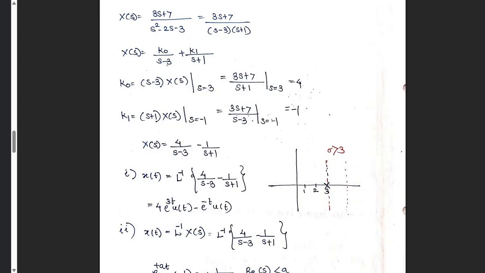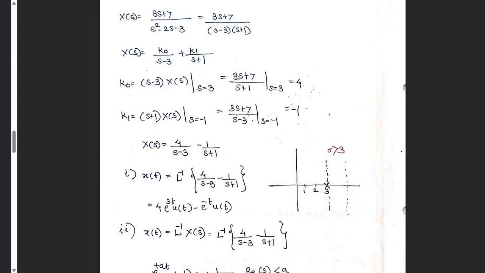The first root is at s = 3, and the second root is at s = -1. The formula for finding a coefficient is: multiply by the factor for that root, times X(s), evaluated at s equal to that root.